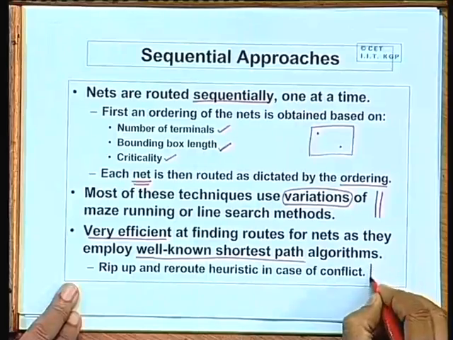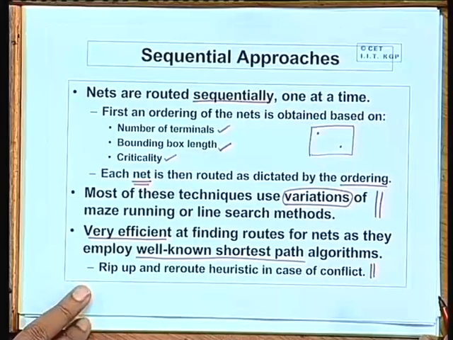But in practice you really cannot avoid a dead end sometimes. You fix up some ordering and try to route them in that order, but at some point you find that your routing resources are not allowing you to proceed any further. Some of the nets cannot be routed, the channel capacities have been exhausted.